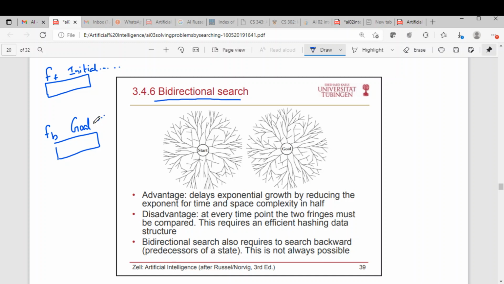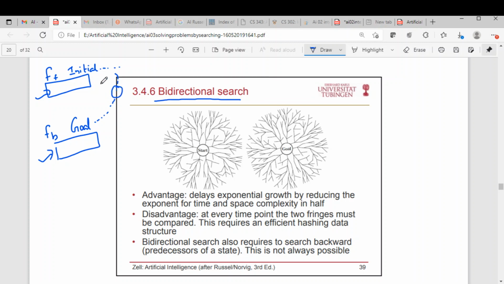So what is expected is that the algorithm will meet at one point. That is, there are two searches happening in parallel. One is in the forward direction, the other in the backward direction. These two will meet at one point.